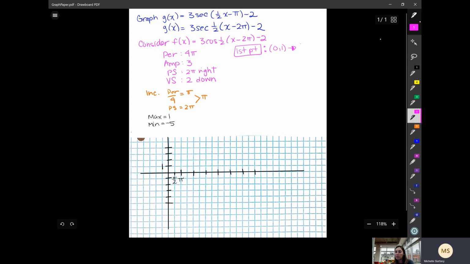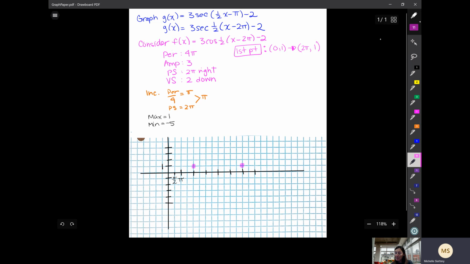So that first point here transforms to 0 times 1/2 plus 2 pi. So it's going to be at 2 pi. My y-coordinate, 1 times 3 is 3 minus 2 is 1. So I'm going to be at 2 pi, 1 is my first point. All right, so 2 pi, 1. Go ahead and graph that. 1 pi, 2 pi, 1. So you can kind of see why I stretched it out a little bit. That's my first point. My period is 4 pi. So I'm going to go 4 pi from there. 1, 2, 3, 4 pi. I'm going to be here.